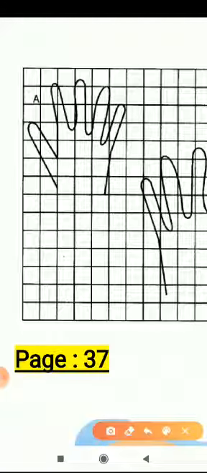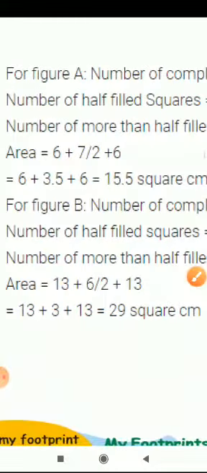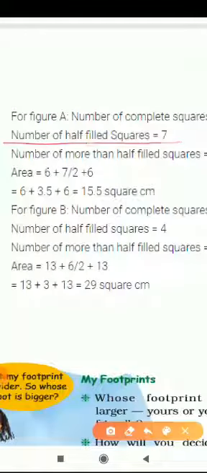Half part means we can cover this 1, we can cover this 2, 3, 4, 5, 6, 7. So I am writing over here the number of half filled squares is equal to 7.